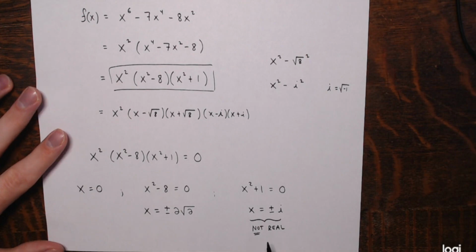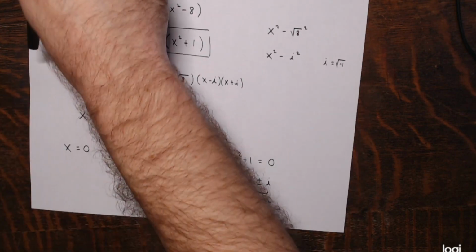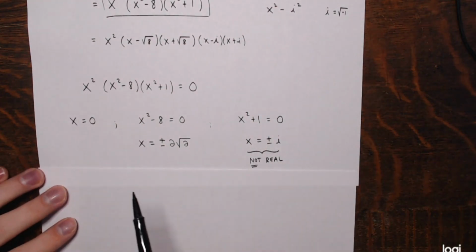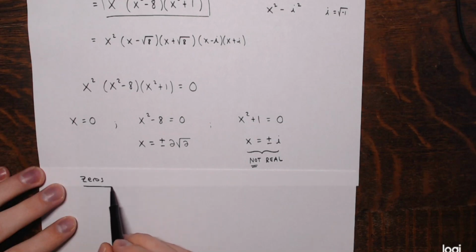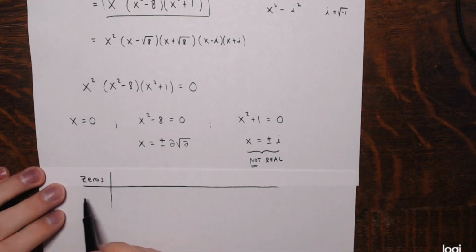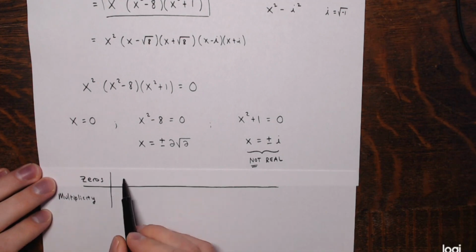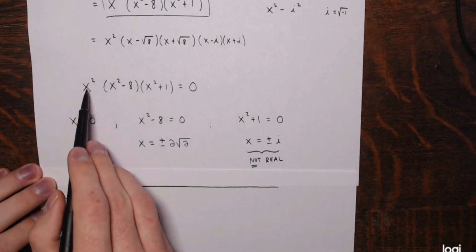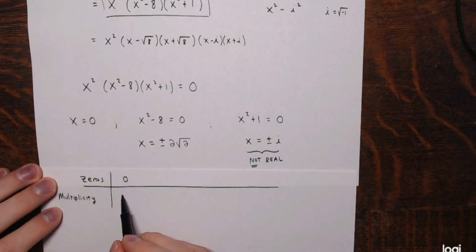Now, if you wanted to, you could also list the zeros and their multiplicities, and we're going to see that all the multiplicities add up to 6. This is a degree 6 polynomial. But here are the zeros and their multiplicities. Well, x equals 0 was a zero, but you see how there are two factors of x minus 0, which is just x. There's x squared, so that has a multiplicity of 2.